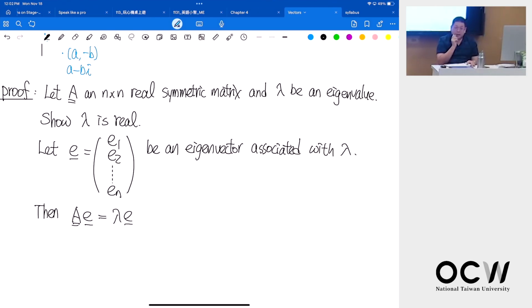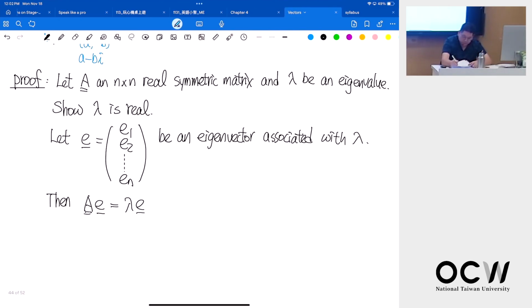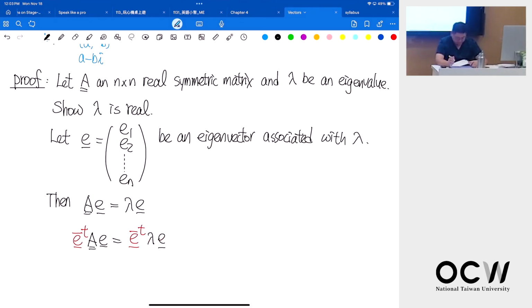Now we are multiplying a common term from both sides. So let's multiply by the conjugate transpose of E on both sides.